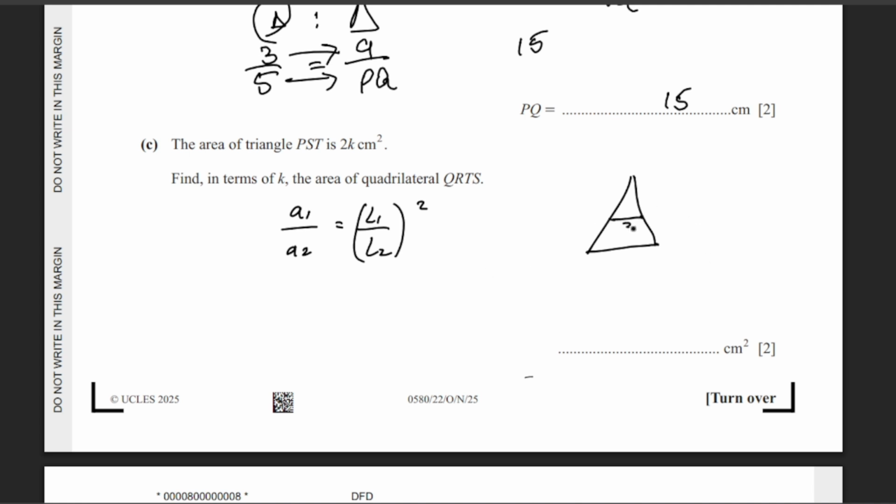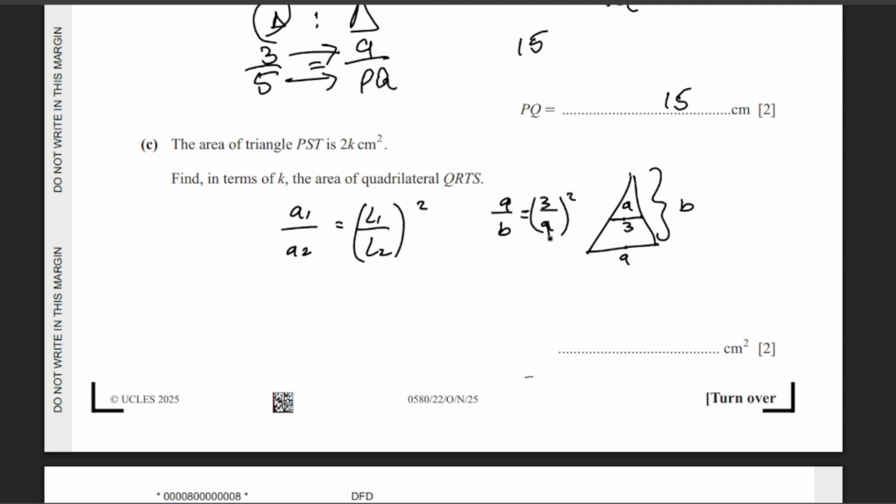Now, let's say this tiny line over here is 3, and this line over here is 9. Let's say the area of the small triangle is A, and the area of the entire triangle is B. So the formula would be A over B equals 3 over 9, whole squared.